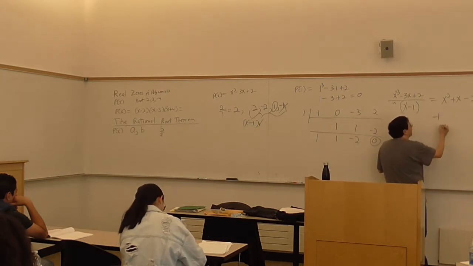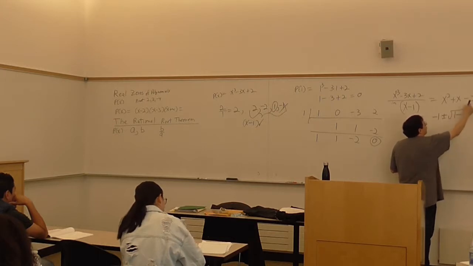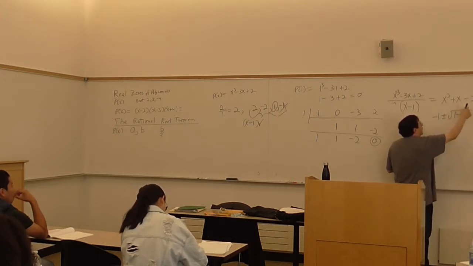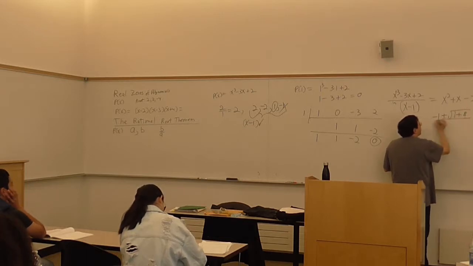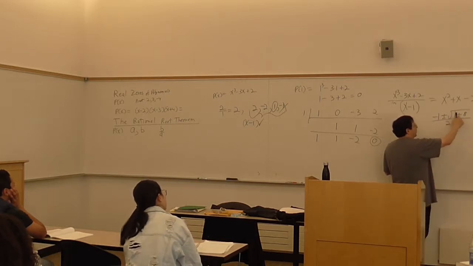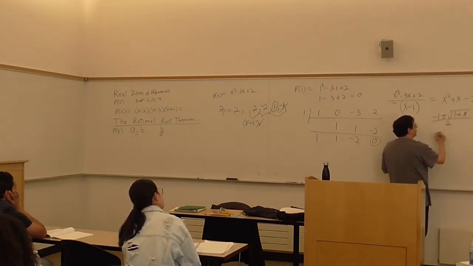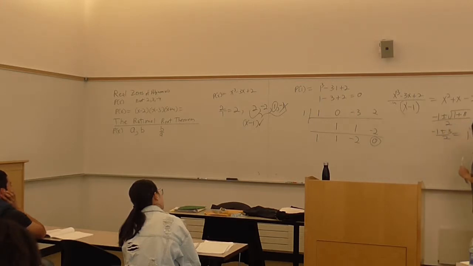Negative b would be negative 1 plus or minus the square root of 1 minus 4 times ac, which is minus 8. Plus 8, all over 2. This is 3. This is 9. The square root of 9 is 3. So negative 1 plus or minus 3 over 2. So that's 1 and minus 2. Okay, so those are my other roots.